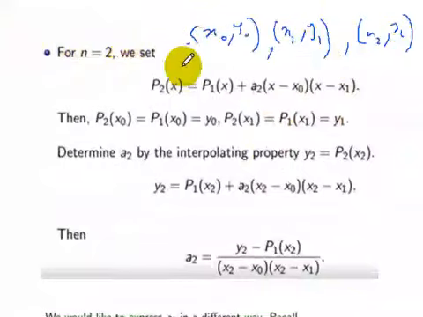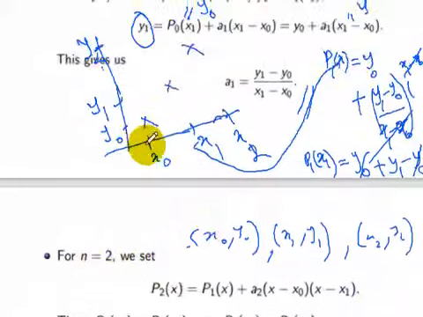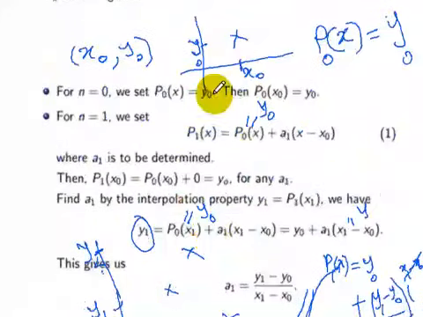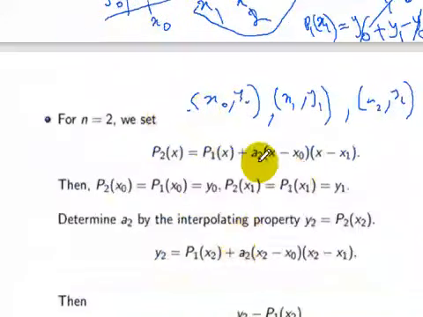So we are finding the polynomial interpolation which passes through these 3 points using the previous polynomial. So what do you do? You add this term. So this is your previous polynomial p sub 1, and this is what we want to find. So how do you define that polynomial?